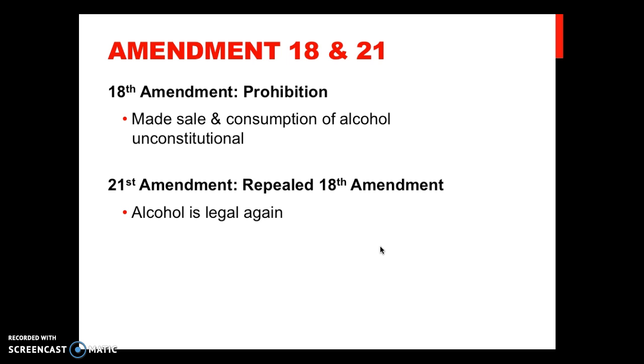So for a period of time it was illegal to drink or produce or sell alcohol. Americans changed their mind about that though after several years, and they repealed that amendment, and alcohol was once again legal.